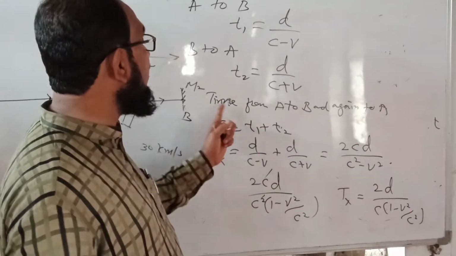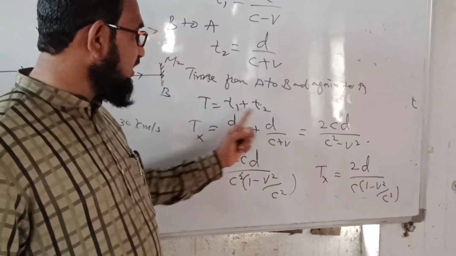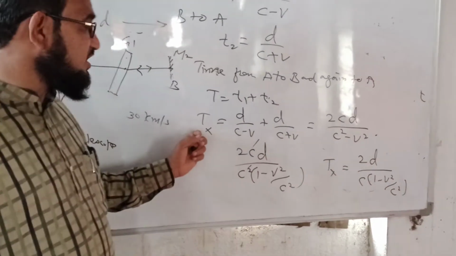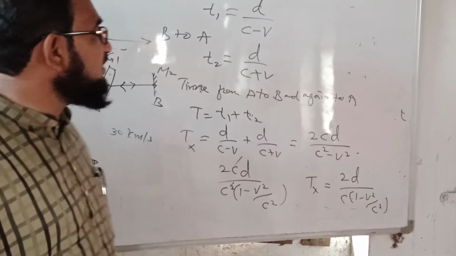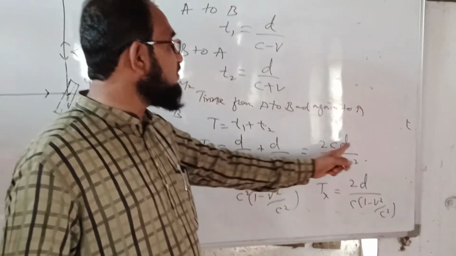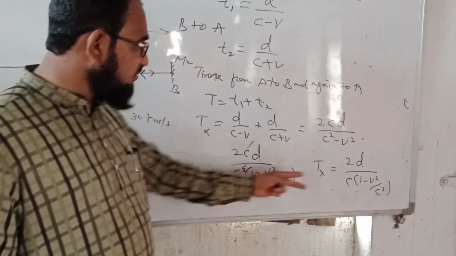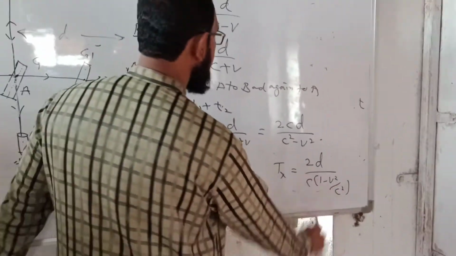Then the total time from A to B and back to A is t1 plus t2. So we can write the time in the x direction as d upon c minus v plus d upon c plus v, which is equal to 2cd upon c square minus v square. If we simplify it, we get 2d upon c times 1 minus v square by c square, all inverse.